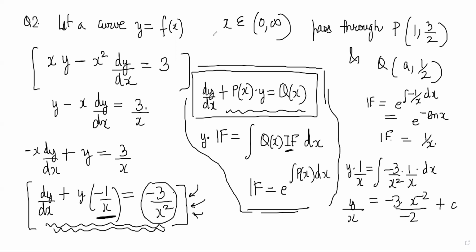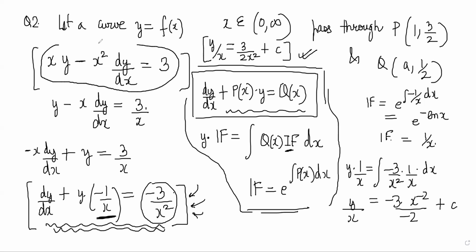So you are getting the solution y by x is equal to 3 by 2x square plus c. This is the solution of the differential equation. You can check that this will satisfy the initial differential equation we had. Anyway, you will learn about it when we do differential equations.